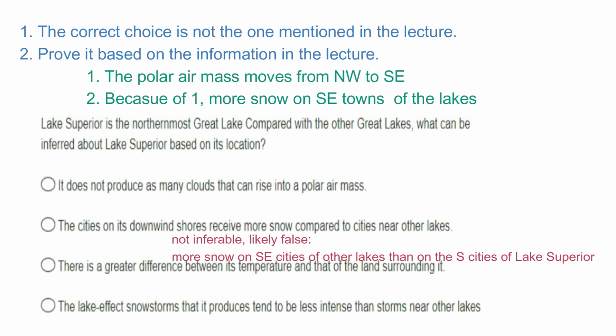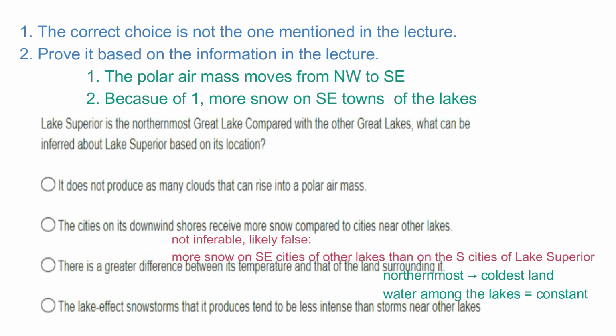C. Since the lake is located in the most northern part compared with other lakes, we can infer that the land surrounding Lake Superior can be colder than the land of the other Great Lakes. You can also infer that water temperature should be constant among all the Great Lakes, as all these lakes are connected with each other.